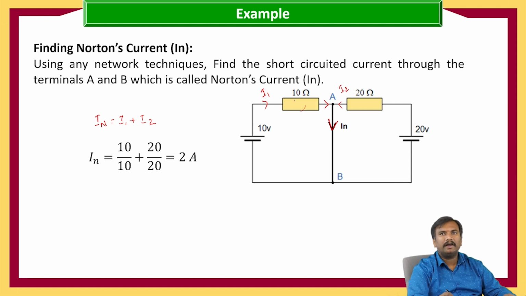So 10 by 10 is the I1 current, plus, here also only one current is flowing, 20 by 20, that is equal to 2 amperes. So this is the way we calculate the Norton's current.